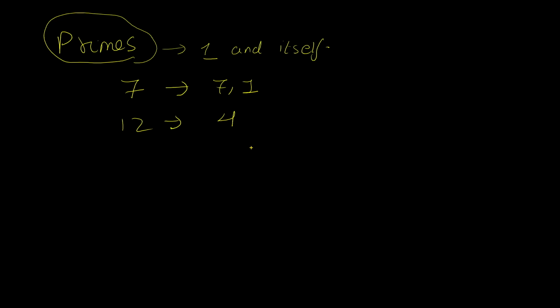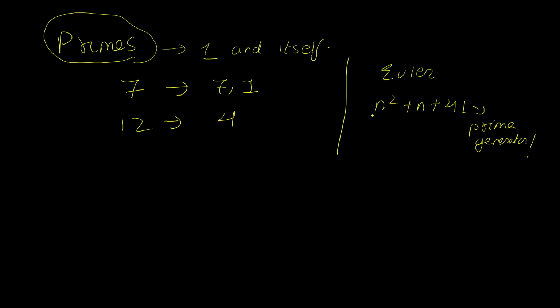Before I jump into that, I want to introduce you to a little trivia. You must have heard the name of the mathematician Euler, and Euler came up with this expression, n squared plus n plus 41, and this is called a prime generator function. So let's say I plug in a 1, I get 1 plus 1 plus 41, which is 43.